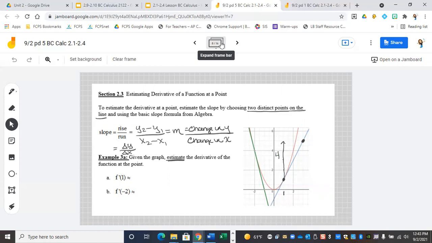Let me just see. 1, 2, 3, 4. And then my run, when I go to the right, I count over 1, 2. So 4 over 2 is going to give me approximately a slope of 2. So any questions on how I can approximate the derivative given the graph? Go ahead and try B for me.